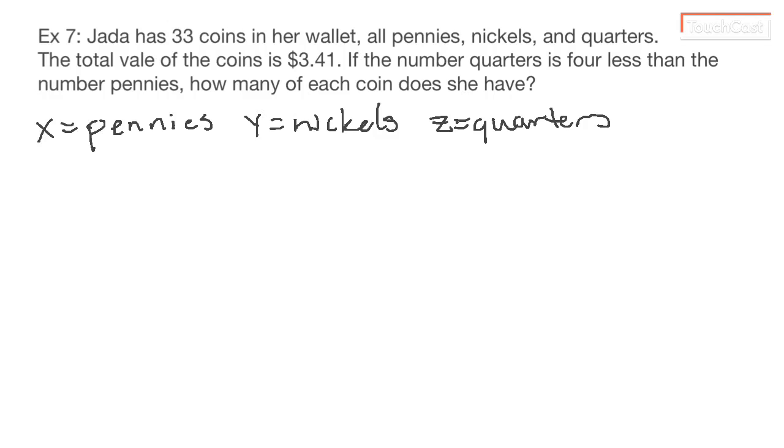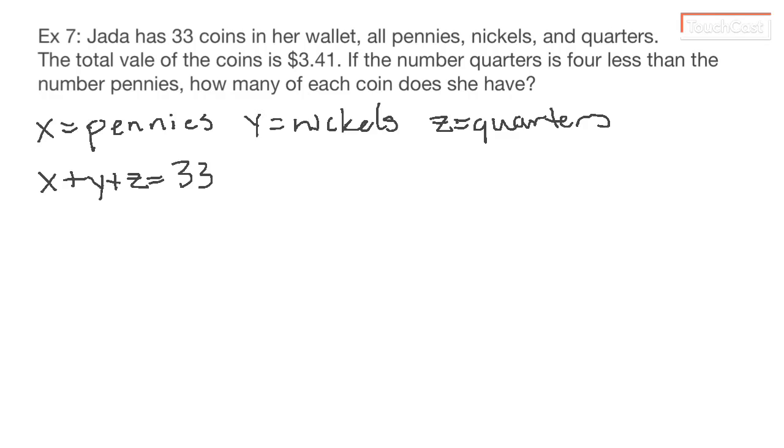So there are some equations we can set up right away. We know that the number of pennies plus the number of nickels plus the number of quarters has to be 33, because that's how many coins Jada has.